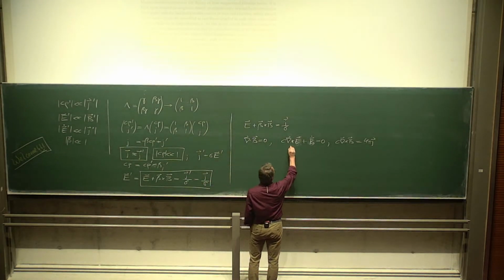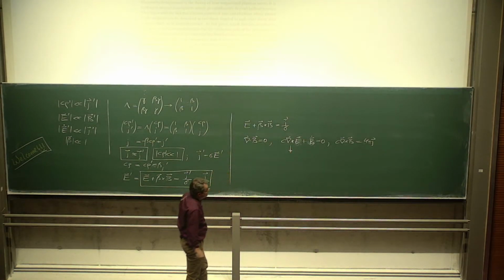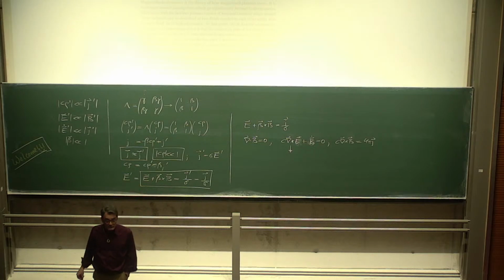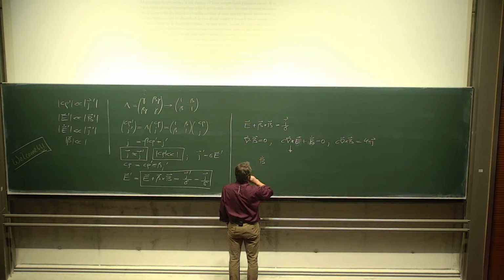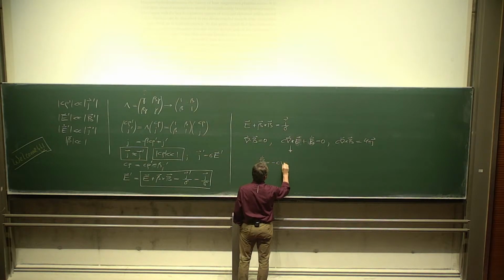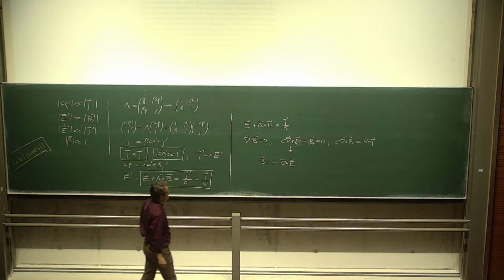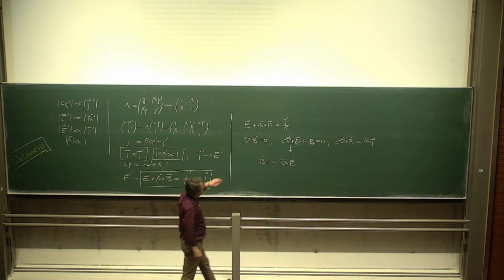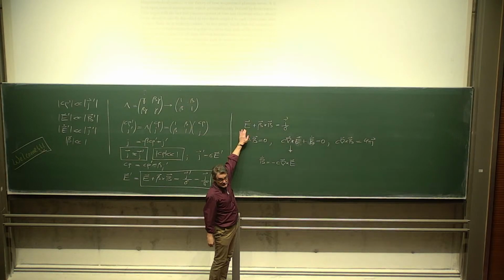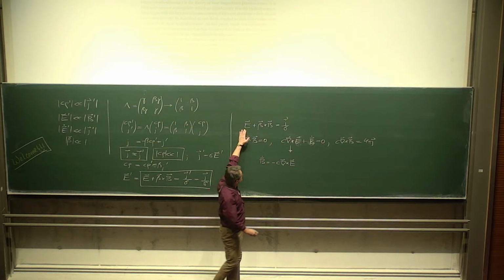All right, now I'm going to use this equation here because I want to have a dynamical equation for the magnetic field. That's the point. So from this equation here, I get B dot equals minus c, the curl of E. But I have an expression for E above, that's from the Lorentz transform and the linear response.